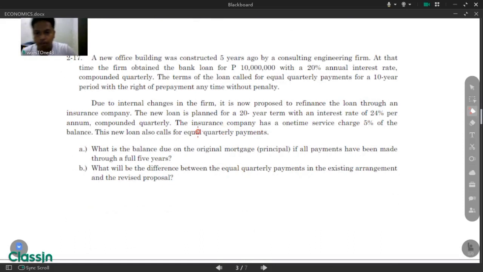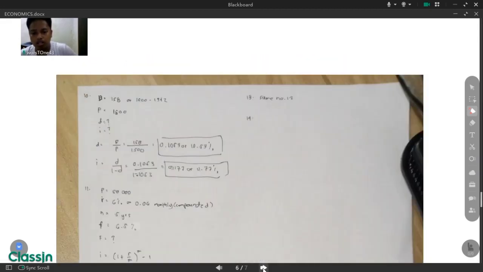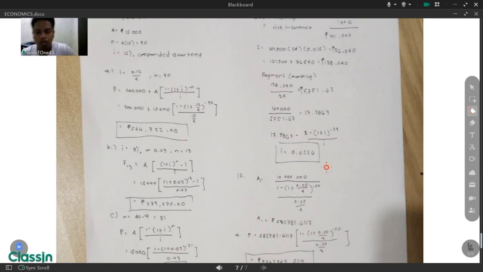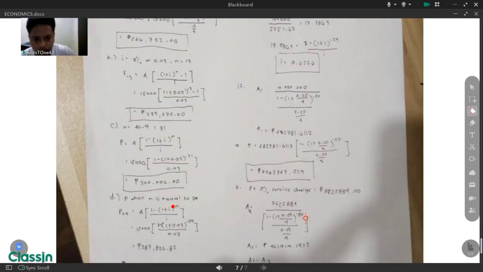For letter B, the new loan is for a 20-year term with an interest of 24% per annum, compounded quarterly. So 4 times 20 results to 80, and since we are computing the present worth, it will be negative 80.